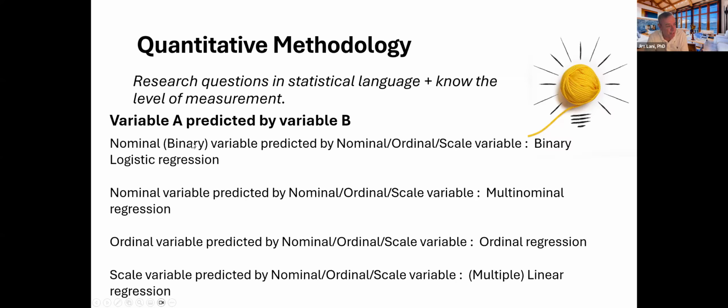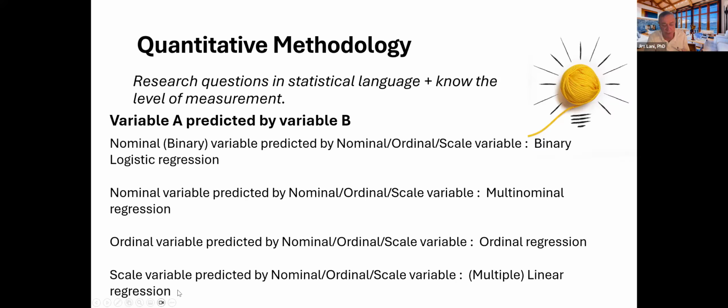If that predicted variable is nominal but binary, male, female, Republican, Democrat, we're in binary logistic regression. If that outcome variable has more than 2 levels, I want to predict red block, green block, blue block, purple block, we're in multinomial regression. If your outcome variable is ordinal, you're in ordinal regression.